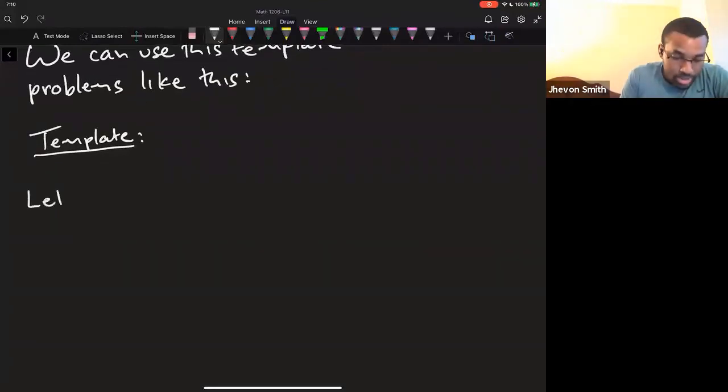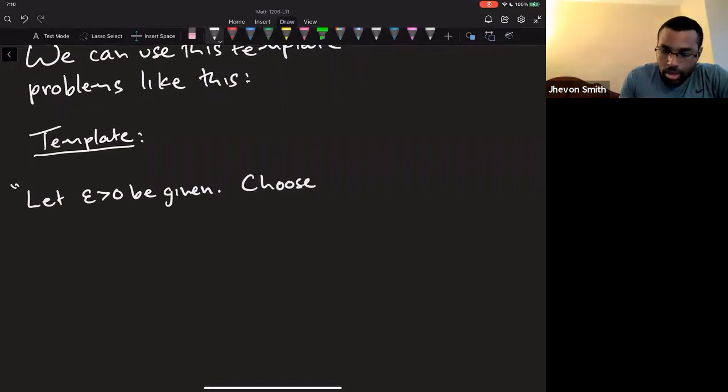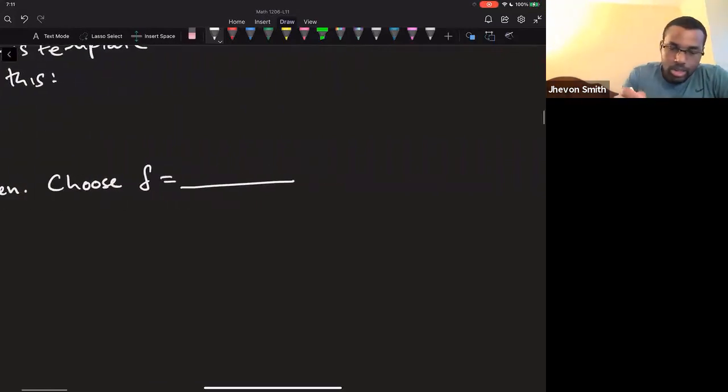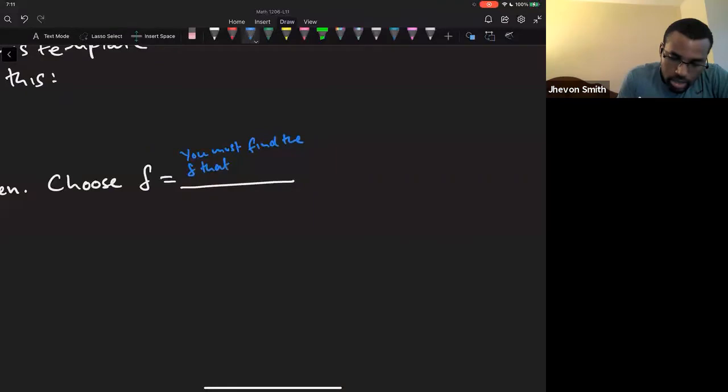You are going to write, let epsilon greater than 0 be given. Then you're going to write, choose delta equals blank. And here you must find the delta that works. It may be a function of epsilon, right?